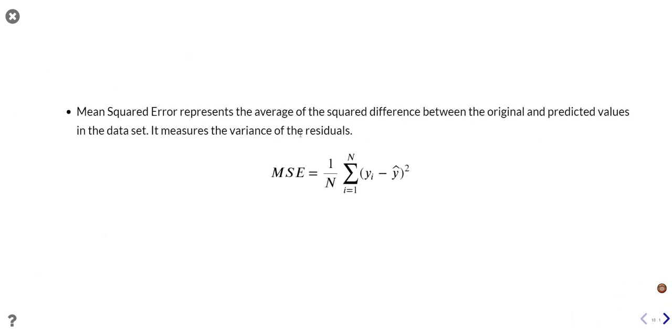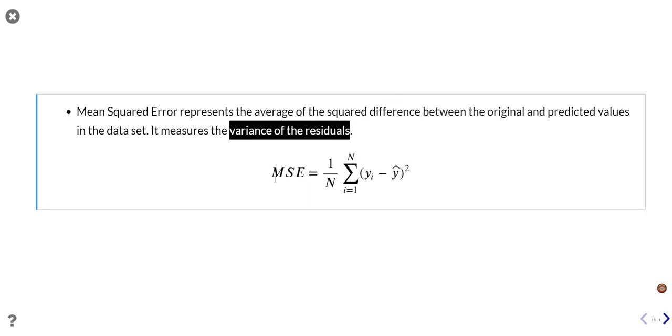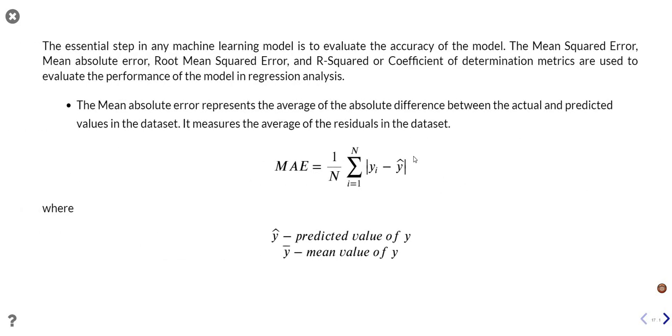This one measures the variance of the residuals, how much they vary. So this is the MSE. You can see this formula. These are all very important formulas for you to know. Make sure you know them correctly. MSE takes the squared difference, MAE takes the absolute difference.